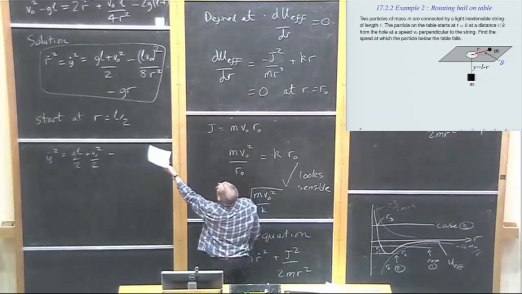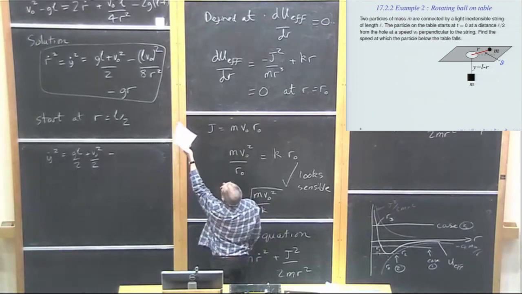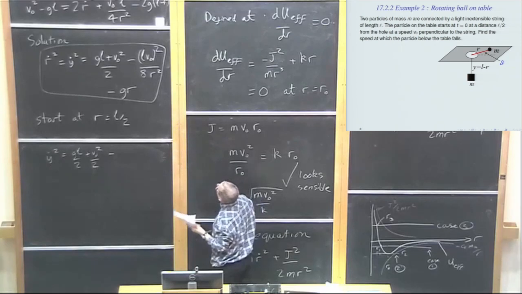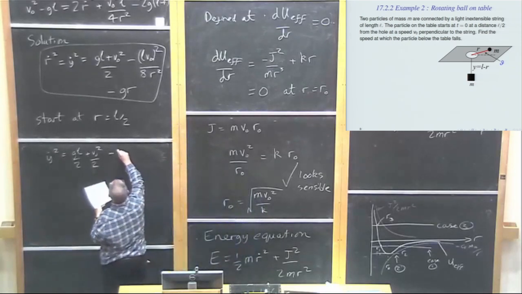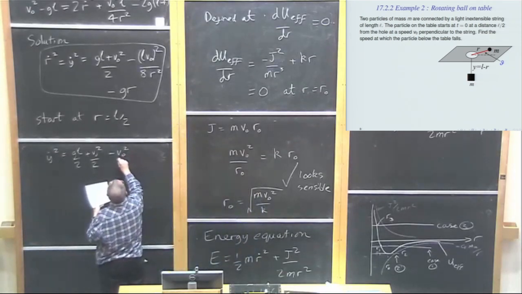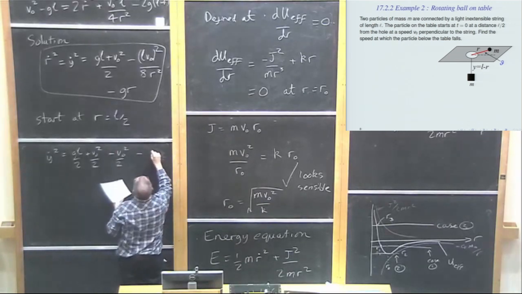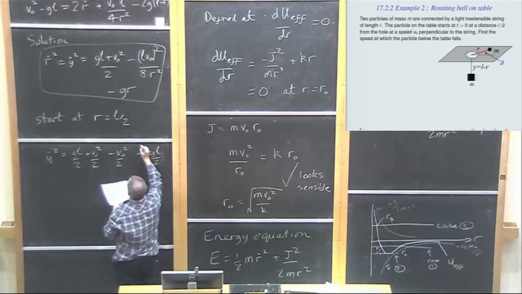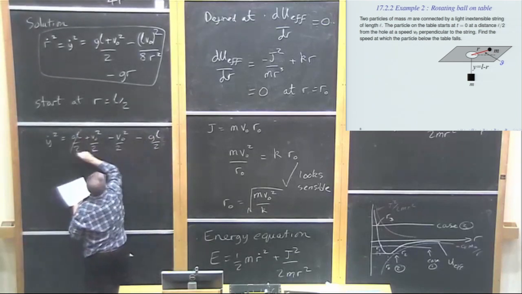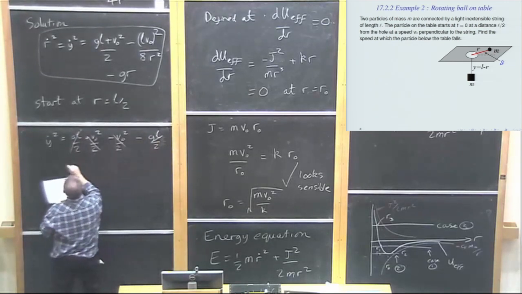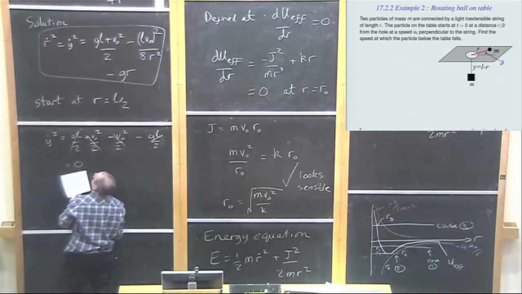The 2 squared gives me a 4 on top, and I've got an 8 on the bottom, so this is going to give me minus V naught squared over 2, and we end up with minus GL over 2, this goes, this goes, this goes, this goes, so equals 0.